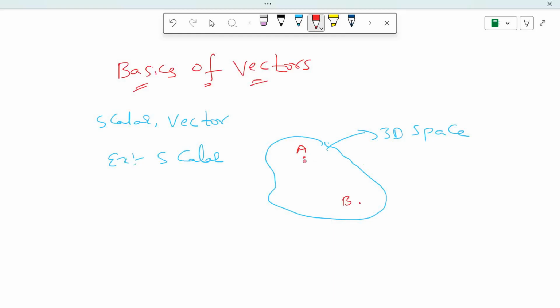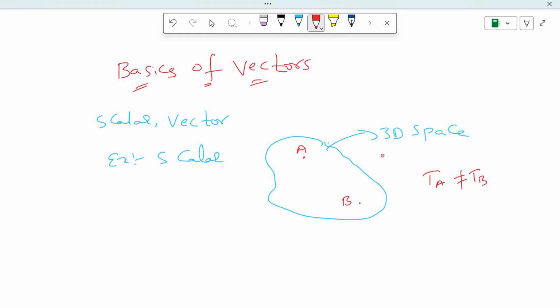Now, if we take temperature at TA and also TB, these are most probably different. It is likely to be different because temperature depends on the position in space.